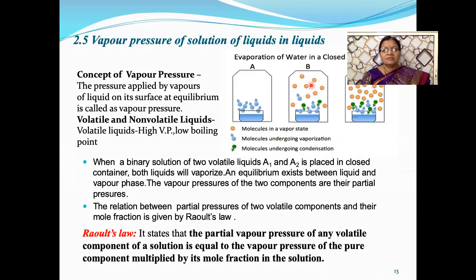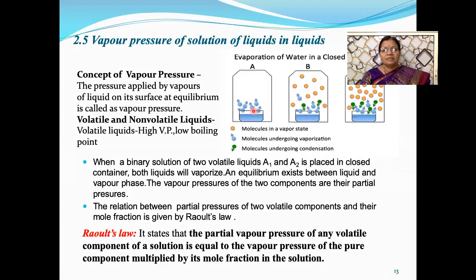You can see this in figure B. Now these molecules in the vapor state behave like gas molecules, meaning they bombard on the wall of the container as well as on each other or the surface of the liquid. So due to the bombardment, their kinetic energy decreases and they return into the liquid state. The process of conversion of vapor molecules into the liquid state is condensation.